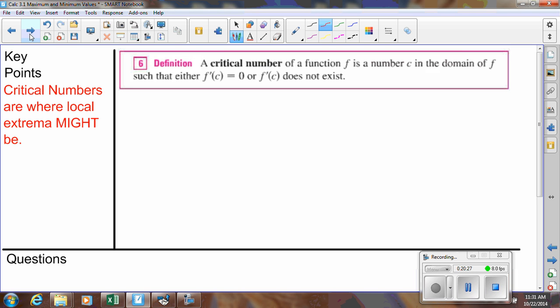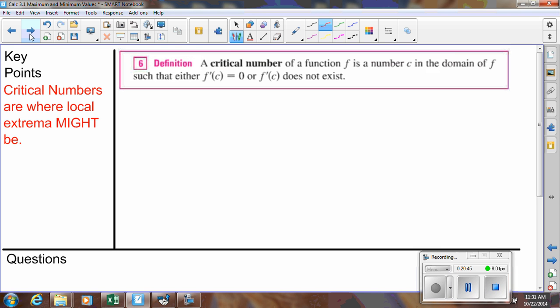If you start looking anywhere else, you're guaranteed you will not get a local minimum or a local maximum unless one of these things is true. We need the derivative to be equal to 0, or the derivative does not exist.